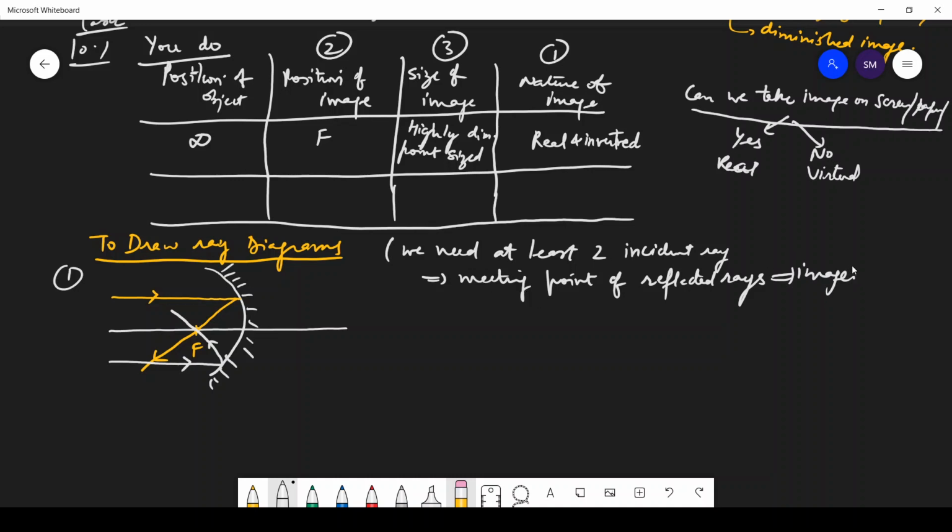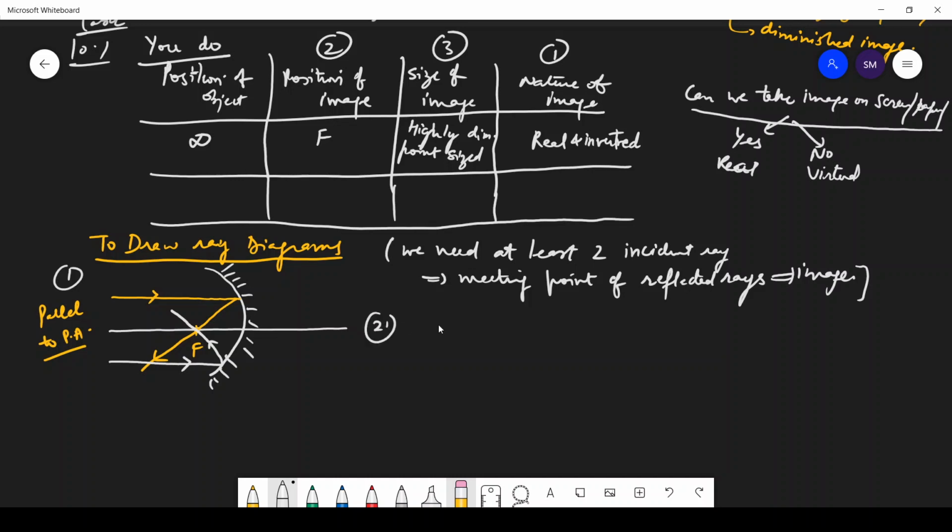Which two incident rays I am going to take and how they are going to be reflected, this is what I am drawing, this is what we are learning. So this was the first case, when the incident ray was parallel to the principal axis. Now let me take the second case.